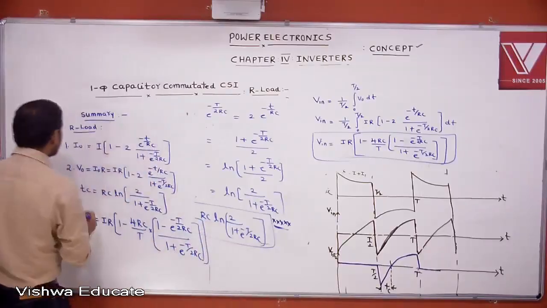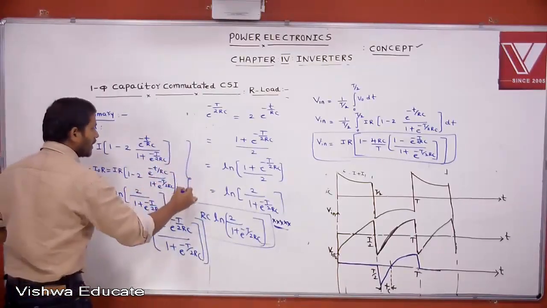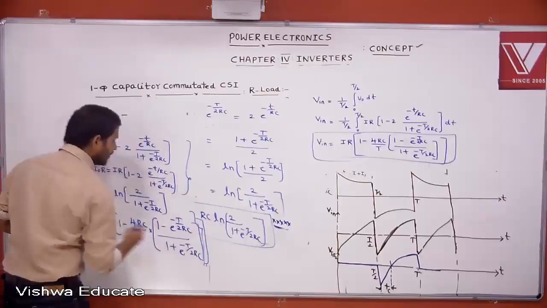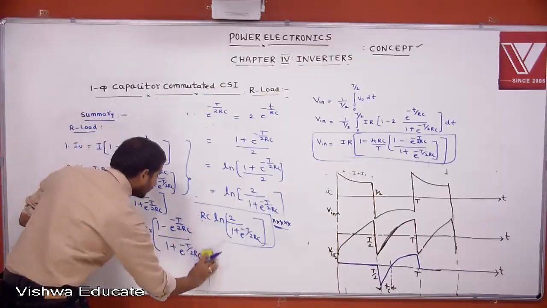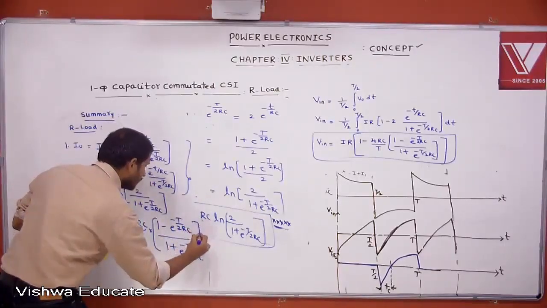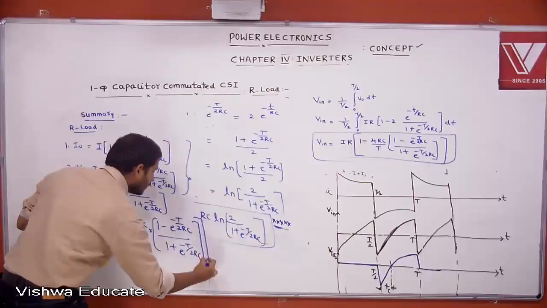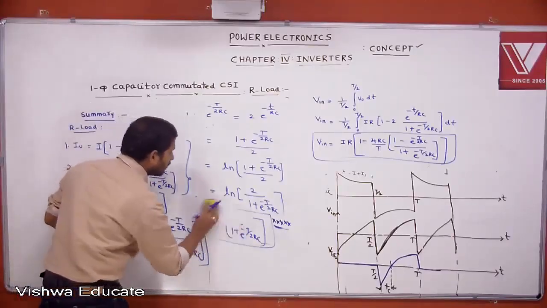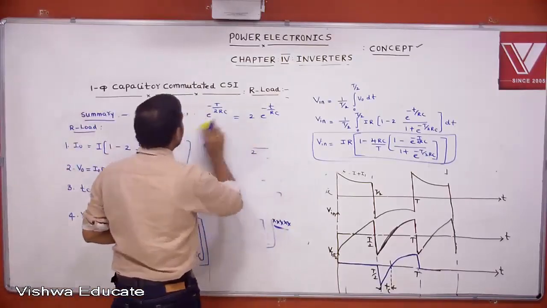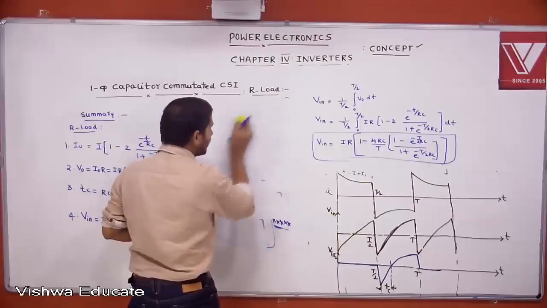This is the average input. These formulas are what we mainly concentrate on. Based on this, we can make some design considerations.